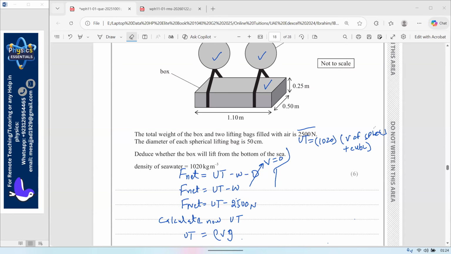Because the spheres are spherical, we have to find the volume by length times width times height for the cube, and 4 over 3 pi r cubed for the spheres.